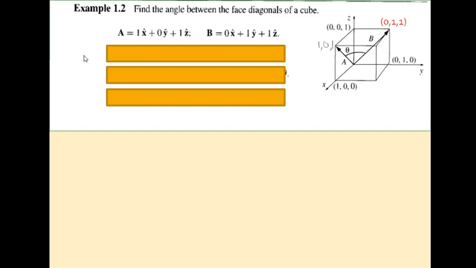So vector a is 1 x cap plus 0 y cap plus 1 z cap, and vector b, lying in the yz plane, has only y and z coordinates available. The x cap will have a zero component.